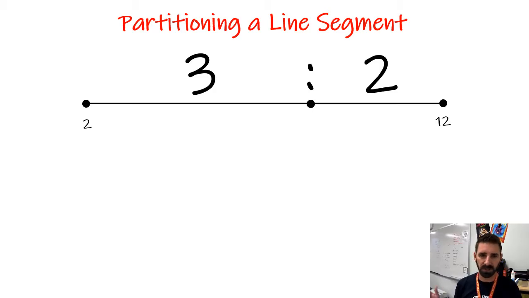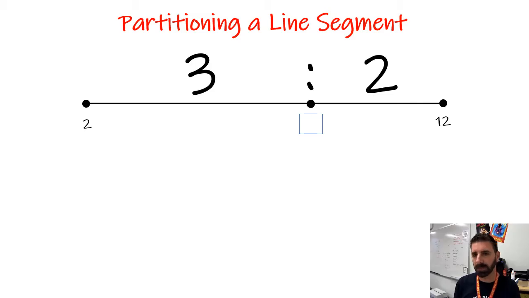Okay, and we have a line segment that extends from 2 to 12 on the number line, and now we've got this other point that's somewhere in between, and we want to know the value of that point that would divide this long line segment from 2 to 12 into a 3-to-2 ratio, where that left-hand, smaller line segment now that's been created from 2 to our mystery number is a little bit bigger than the part on the right.